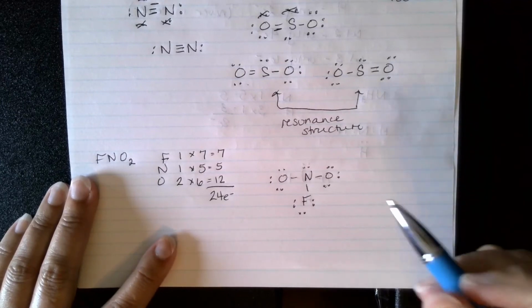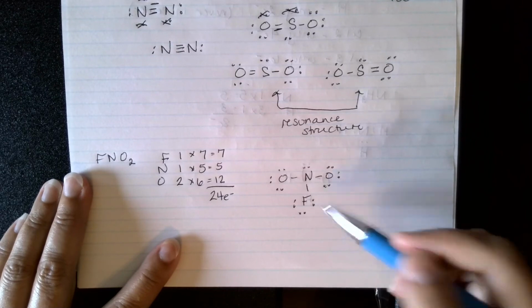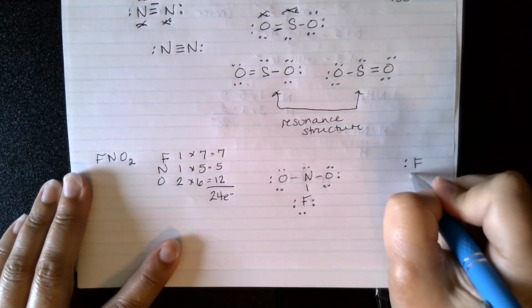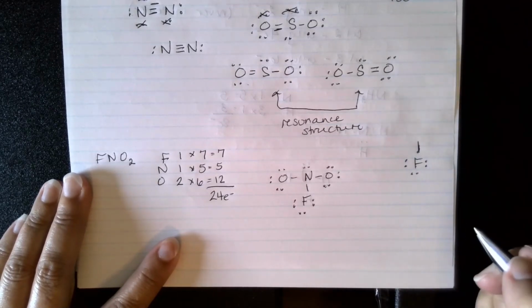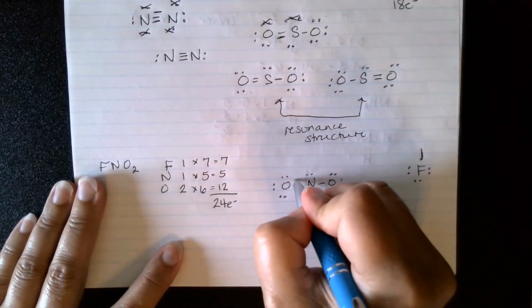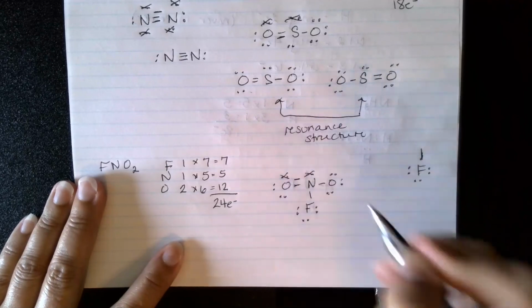It's not going to be to the fluorine because fluorine would only like to form one bond, because all by itself fluorine has 7, so this is the only one that could form a bond. So I'm going to want to put that double bond to one of the O's, and I'm going to get rid of a pair on each one when I do that.